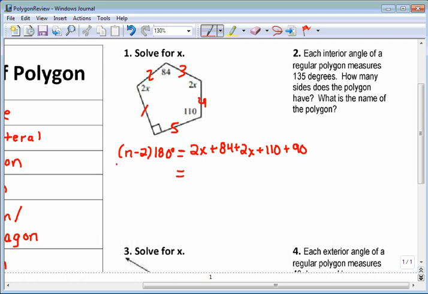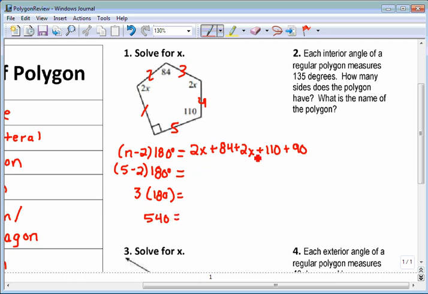Okay, so now we have to plug in and figure out what this is over here. We had 5 sides, so we have 5 minus 2 times 180. 5 minus 2 is 3. 3 times 180 is 540 degrees.